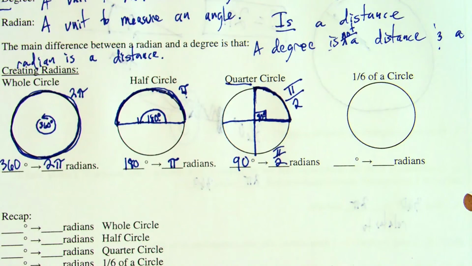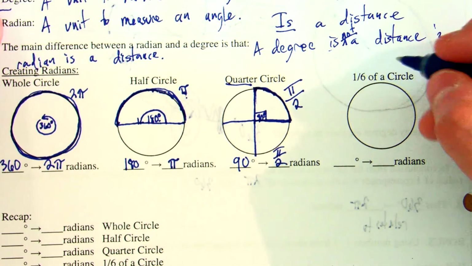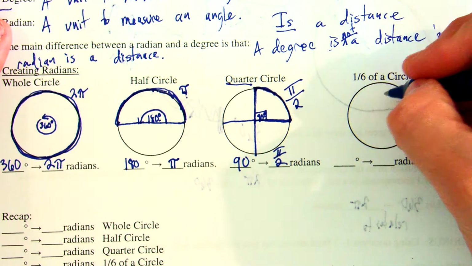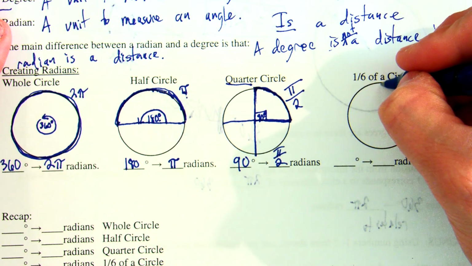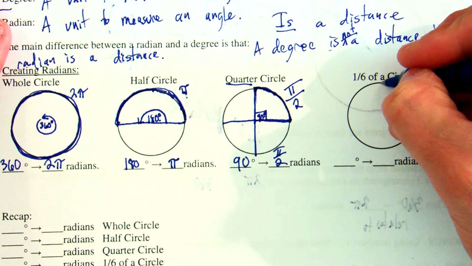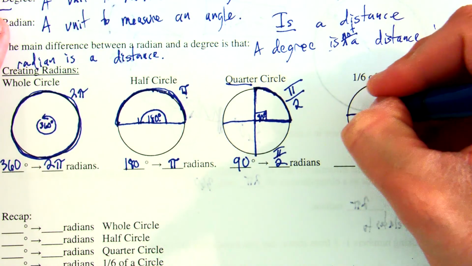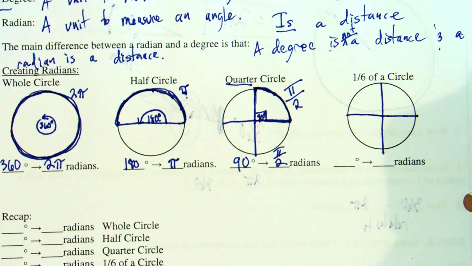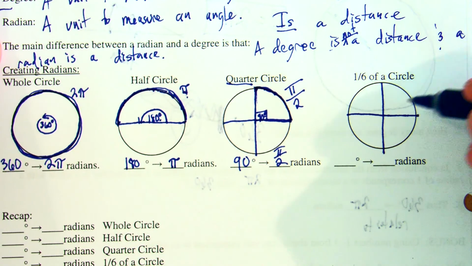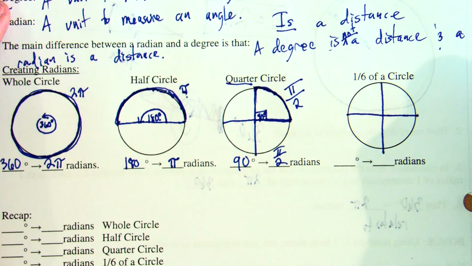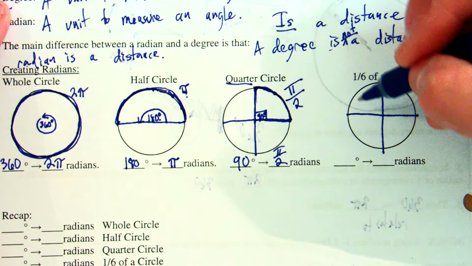And we're going to do the last one here for you, and then the rest you're going to figure out. Okay? So 1/6 of a circle. How would I break this up into 6 pieces? You guys see it? 3 pieces first.